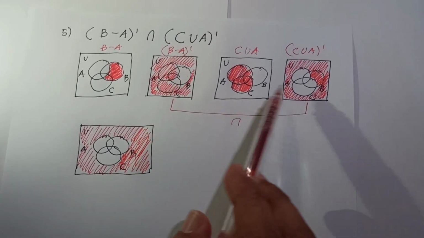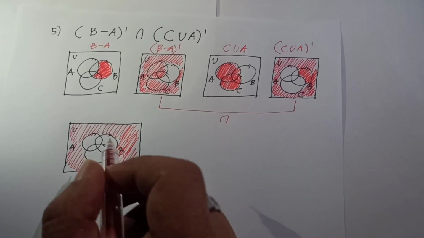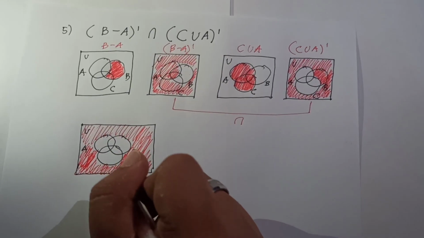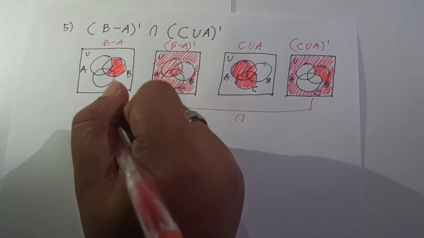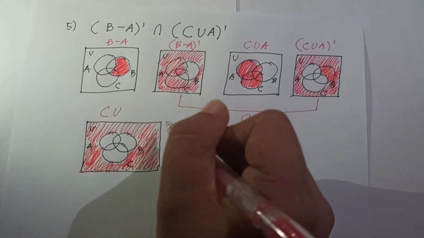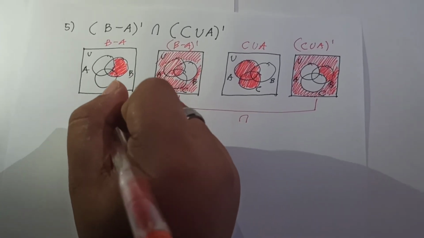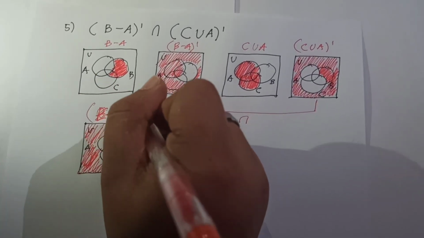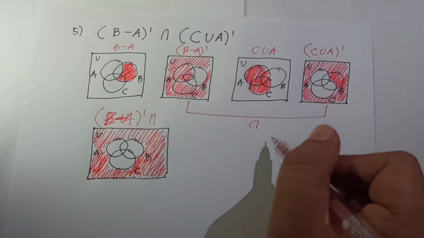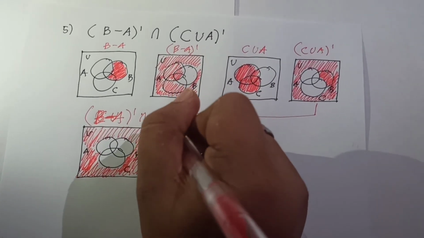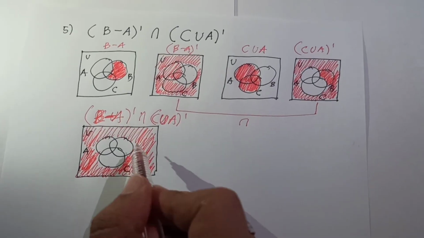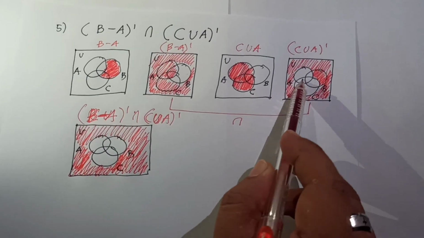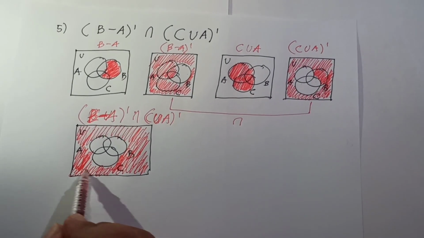Next, inside, nothing. So therefore, the three sets have no intersection. So B minus A prime intersection of C union of A prime. So not included, so the intersection is this. So nothing. So therefore, this is the answer.